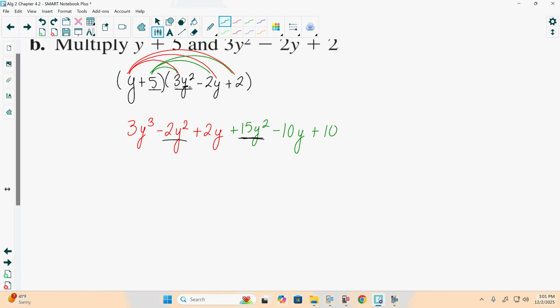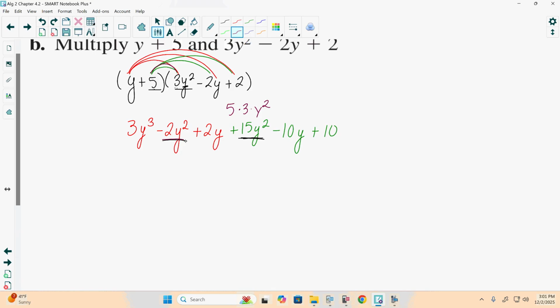Because really what we're saying for this here, I'm going to get a different color. 5 times 3y squared is we have 5 times 3 times y squared. So 5 times 3 is 15, and then y squared. What about the 2?